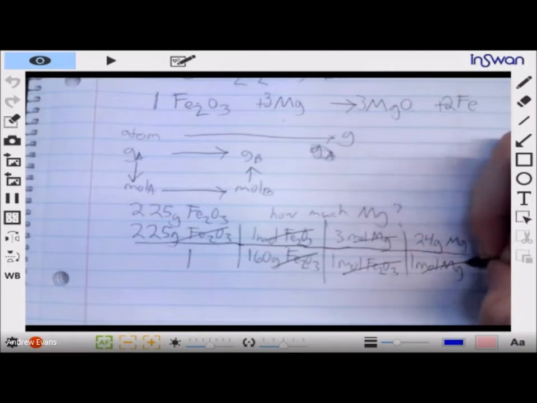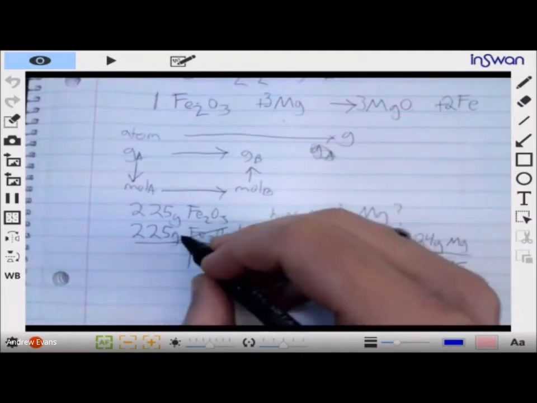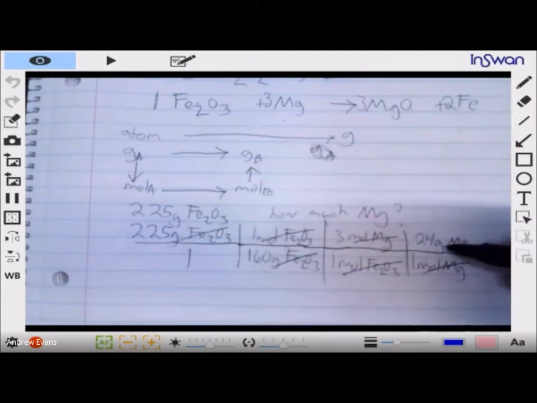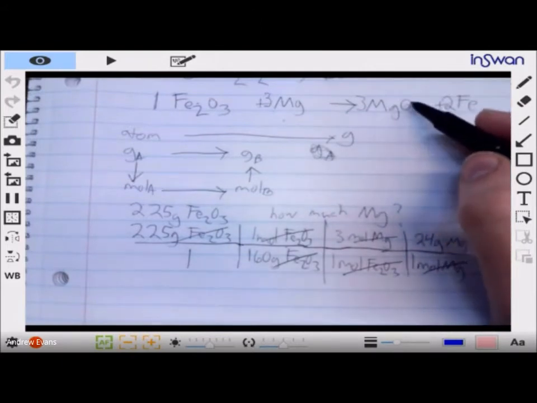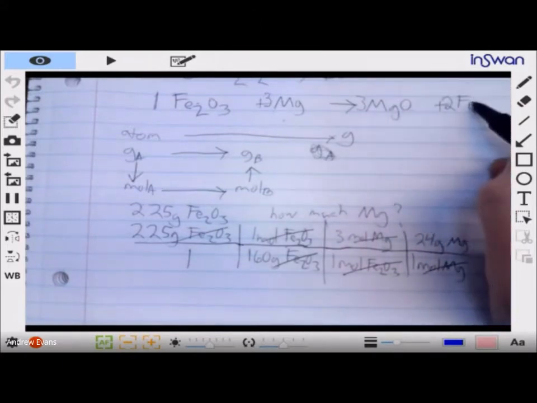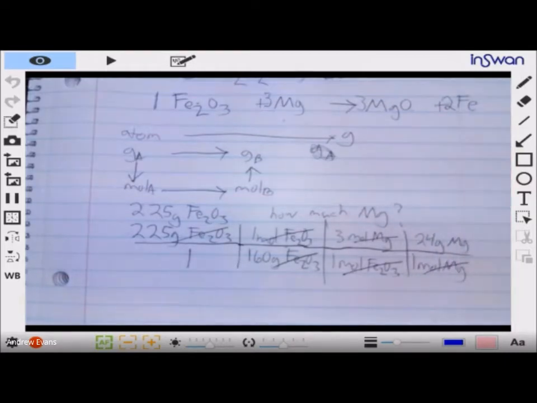So this is converting grams of iron oxide to grams of magnesium. I could just as easily convert it to grams of magnesium oxide or grams of iron, but I am converting to grams of magnesium. We're allowed to convert to any other mass unit in one single balanced chemical equation.